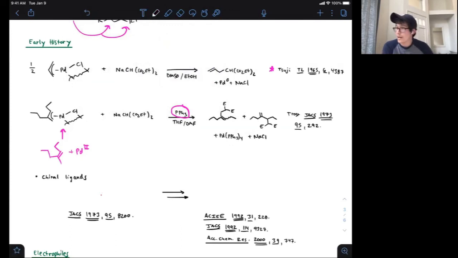And so starting all the way in the early 70s, and again, this is now echoing the timeline of what we saw in the asymmetric hydrogenation field from the likes of Knowles, Kagan, etc. The original chiral ligand that they found some success with, and this is all nicely documented in this Accounts of Chemical Research from Trost, was a chiral at P ligand.